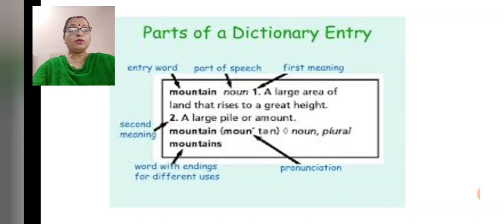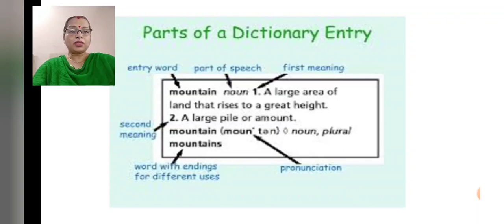Here, one word is taken, which is the word mountain. Mountain is the head word also, right? What is the other name for the head word? Entry word. Then just beside the word, noun is written. So what is noun?